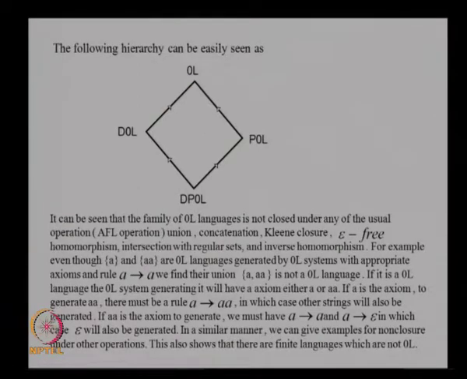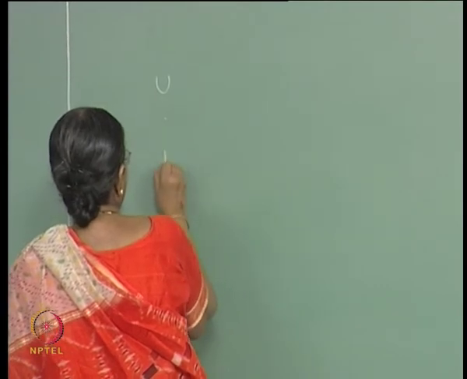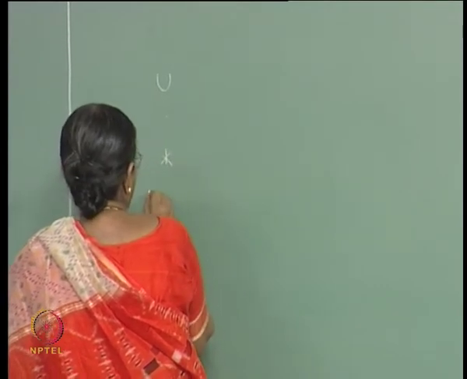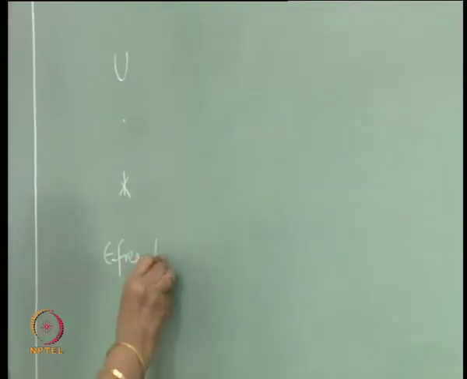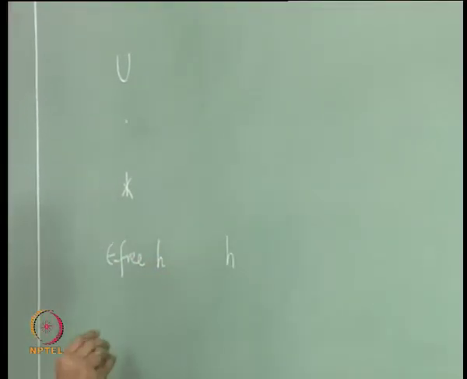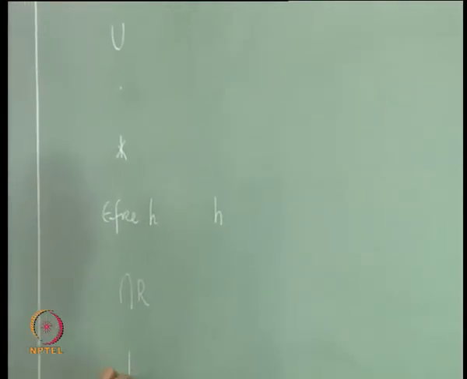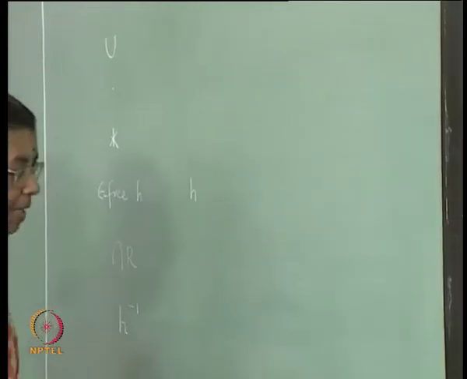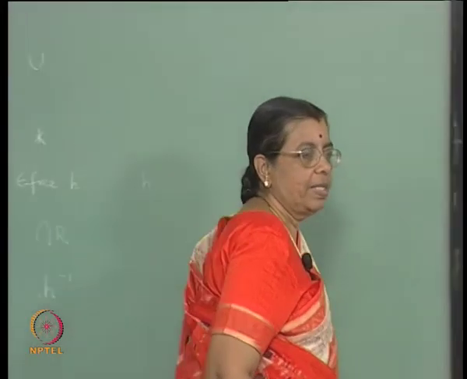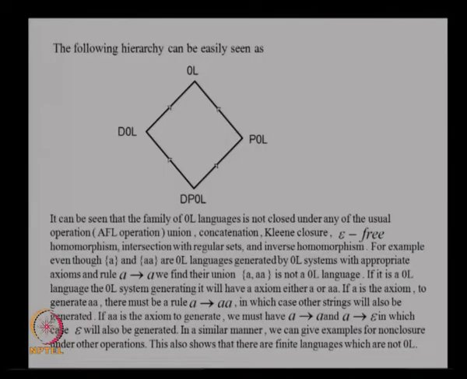They are union, concatenation, Kleene closure, epsilon free homomorphism and sometimes ordinary homomorphism, intersection with regular set, inverse homomorphism. If a family is closed under all these operations, it is called an abstract family of languages.